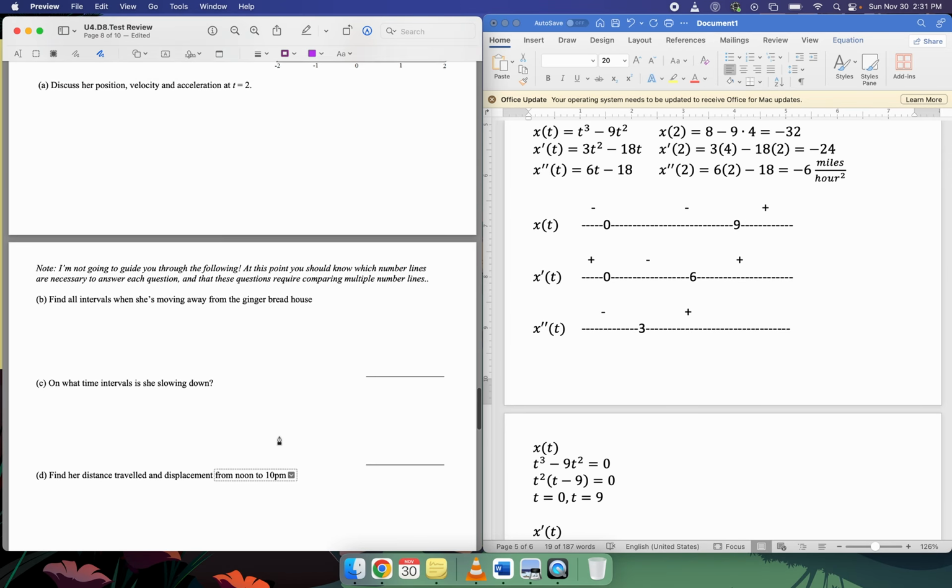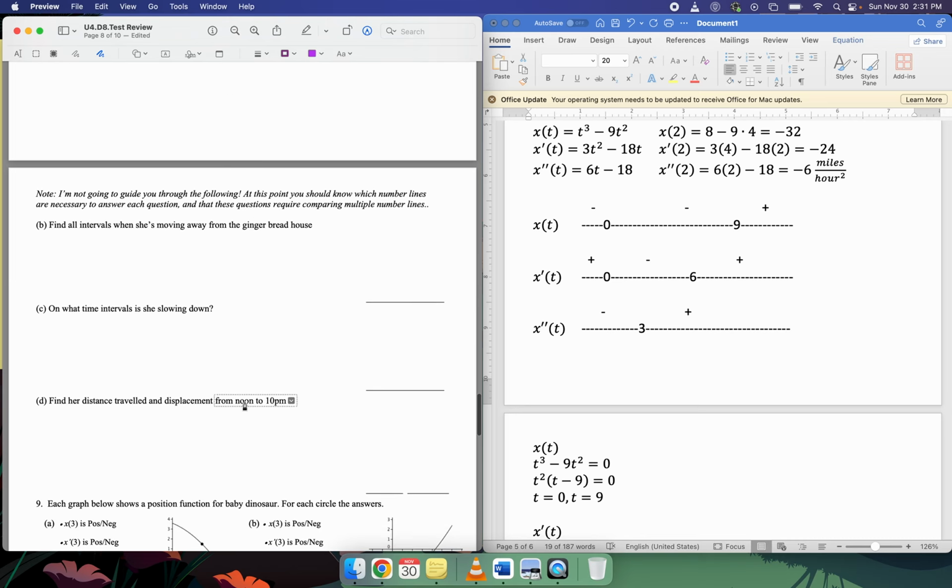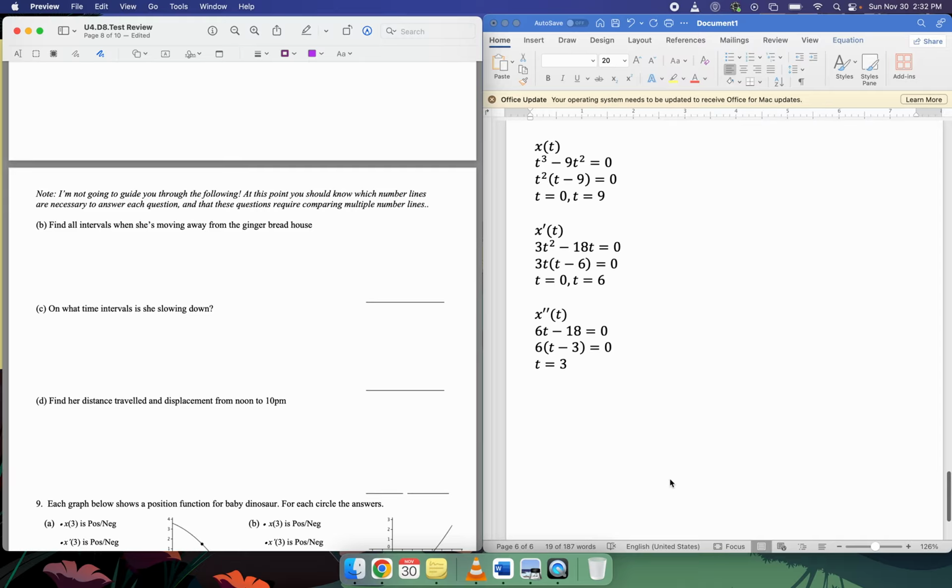Do you see what I'm saying? I don't really know. I assume they probably intend for t to represent hours past noon in this problem, which means that noon corresponds to t equals 0 and 10 p.m. corresponds to t equals 10. But they really should tell you that.